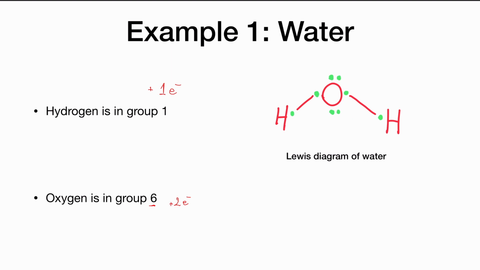It doesn't highlight all the electrons that oxygen has, but only the ones that participate in bonding, and those are the ones in the outer shell, which coincidentally is equal to the group number. Okay, and hydrogen is in group 1. It only has 1 electron which takes part in bonding.